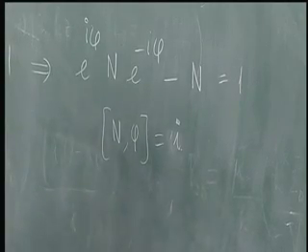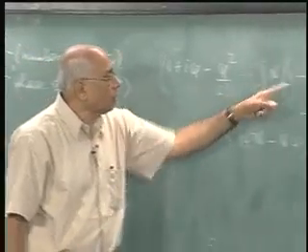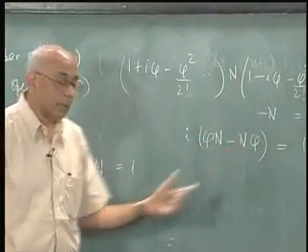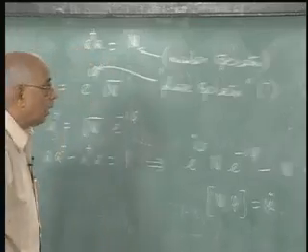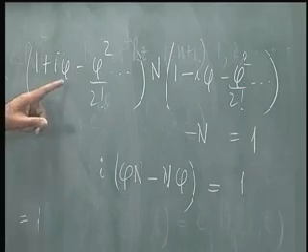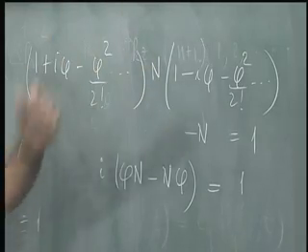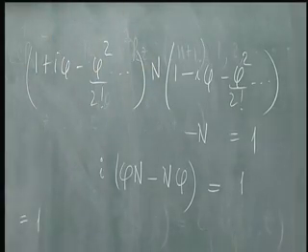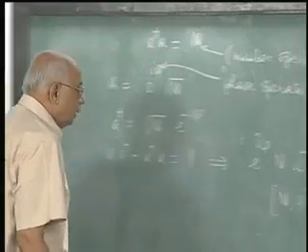You can check that if I have this commutation relation, then this entire relation is satisfied. I picked this off by asking for the first term linear in phi, but you can look at the higher order terms and all of them would be satisfied if this commutation relation is valid. Okay. So it looks like we are in business.